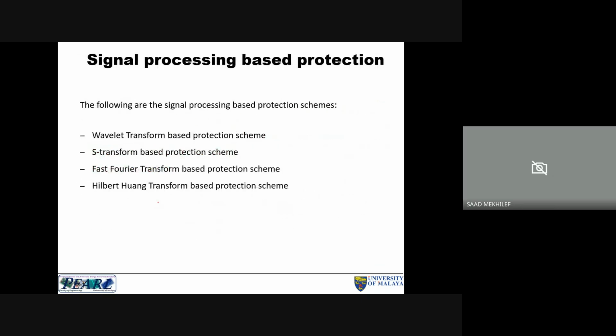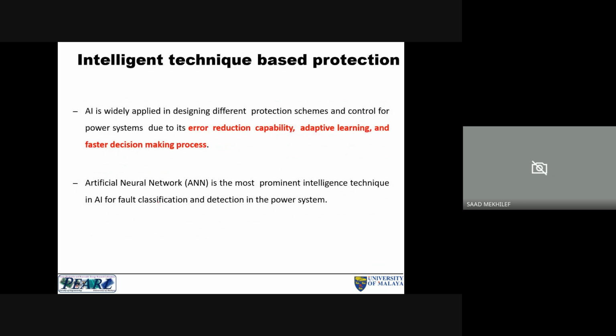Okay, and then I think the last intelligence, before the last one, intelligent techniques, also protections. So this is using AI or advanced techniques applied in designing the protection scheme for the power system.